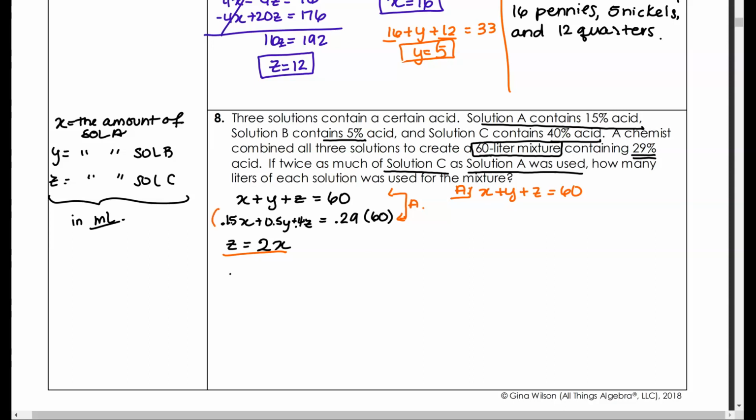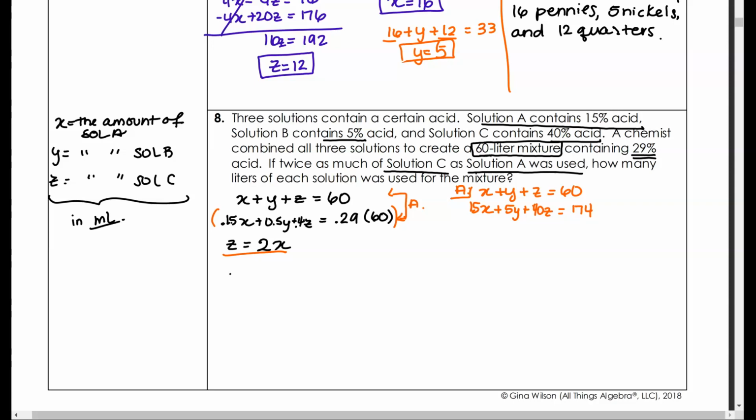So if I multiplied this whole equation by 100, those decimals would go away. So I'd end up with 15X plus 5Y plus 40Z equals, and now it's going to be 0.29 times 60 times 100, which gives me 174.